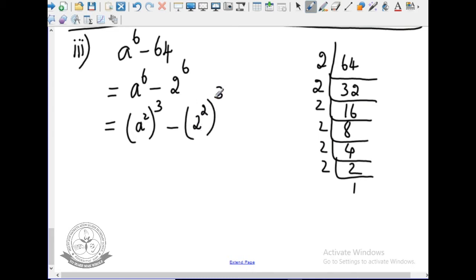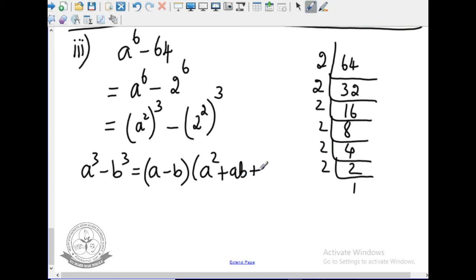Already we know the a cube minus b cube formula: a cube minus b cube is nothing but a minus b into a square plus ab plus b square. Here we have a square, and inside also we have a square.